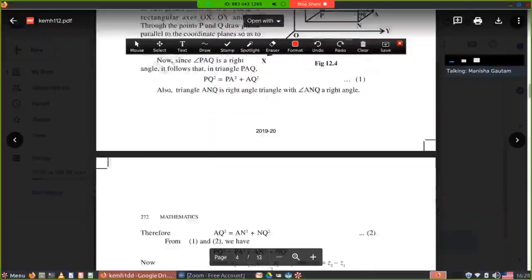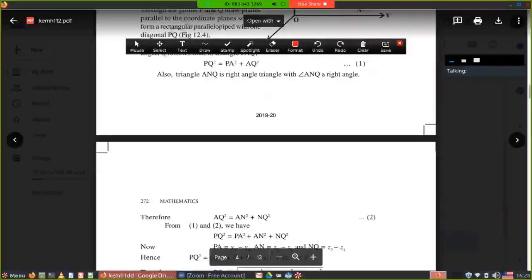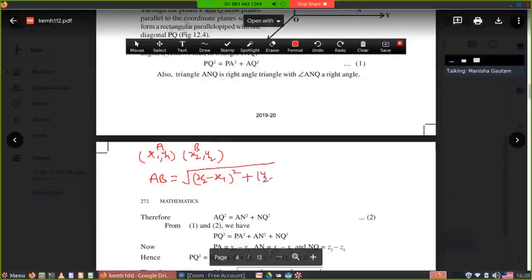Suppose 2 points are given to you; in class 10th you studied x1, y1 and x2, y2. Suppose this is point A and this is point B, and you want to calculate the distance AB. It is equal to the square root of (x2 minus x1) whole square plus (y2 minus y1) whole square.